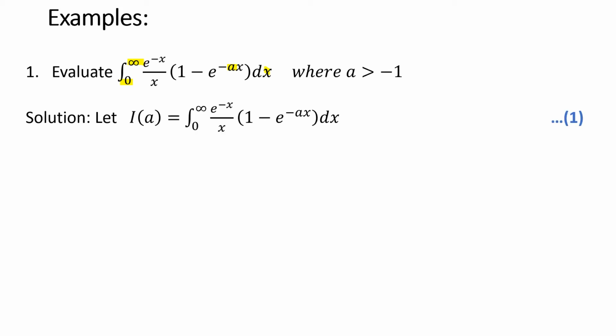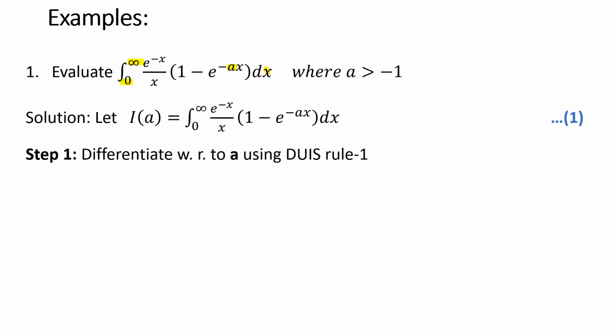Okay, so we will assume this whole integration as I of a, because we have to assume the left hand side as some function so that we can differentiate it. Okay, so that you will get the differential equation and all. Okay, so just in the first step you have to assume this whole integration as I of a, and just by applying the DUIS rule 1, you have to differentiate I with respect to a.